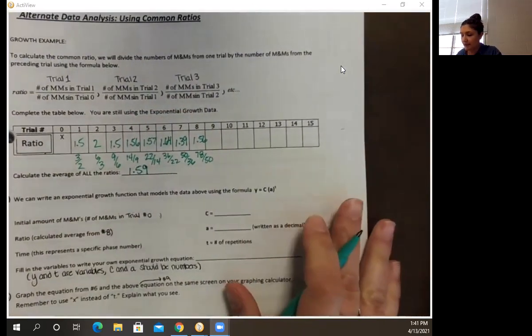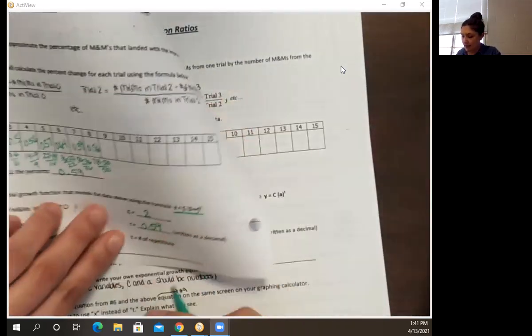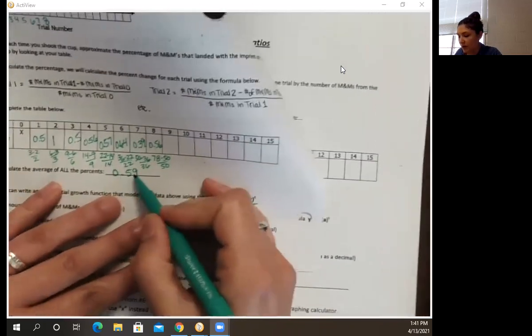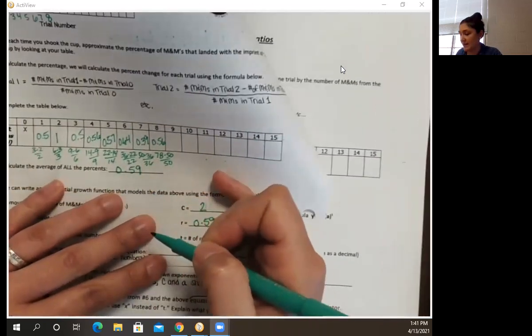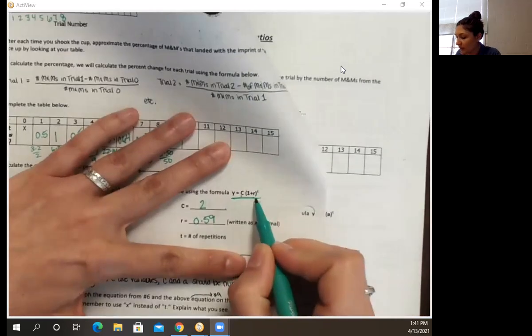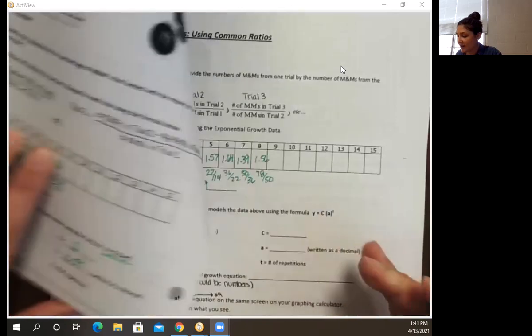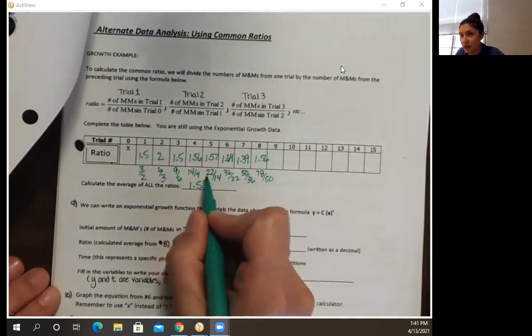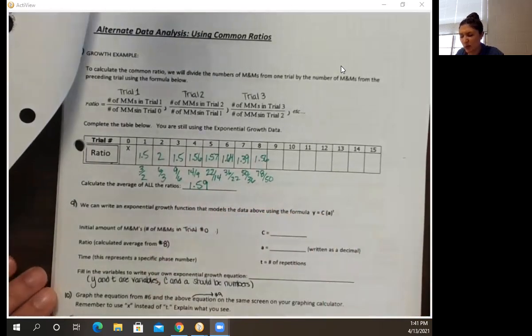Now I want you to notice that our average from before for those percents was 0.59. In our formula here, 1 plus R, 1 plus 0.59 gives us that ratio that we're seeing here. That will be important for stuff we're going to see a little bit later.